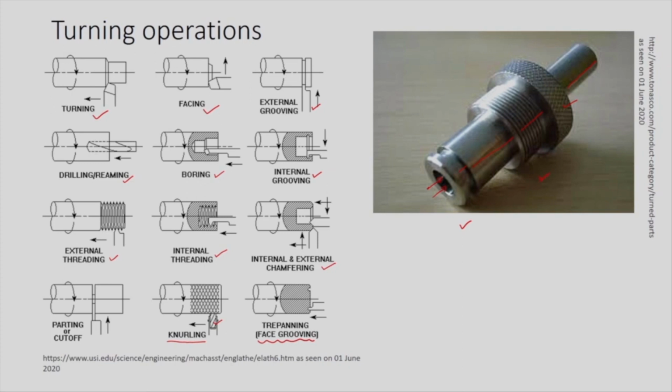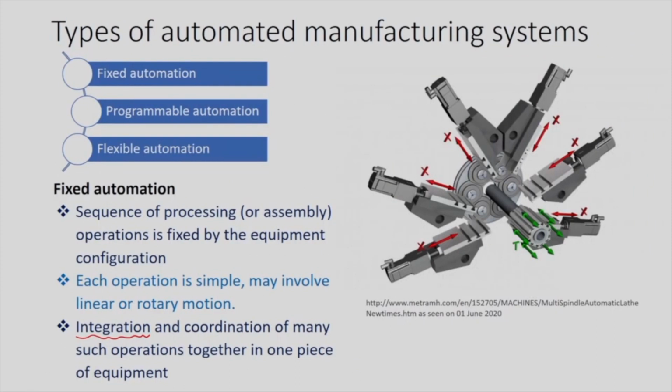When our aim is to manufacture such a product, we have to design an equipment. To design such an equipment, we have to integrate all such operations and have coordination among them.